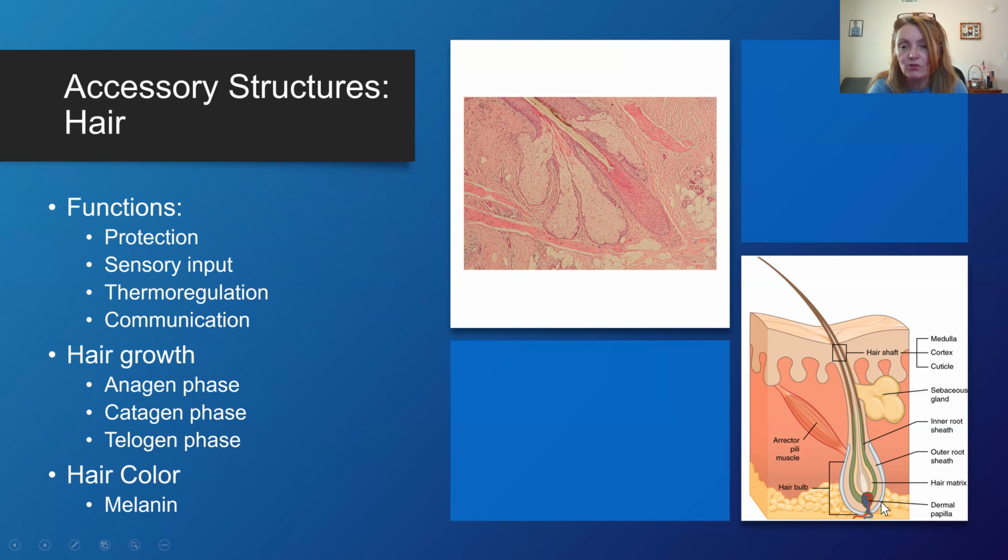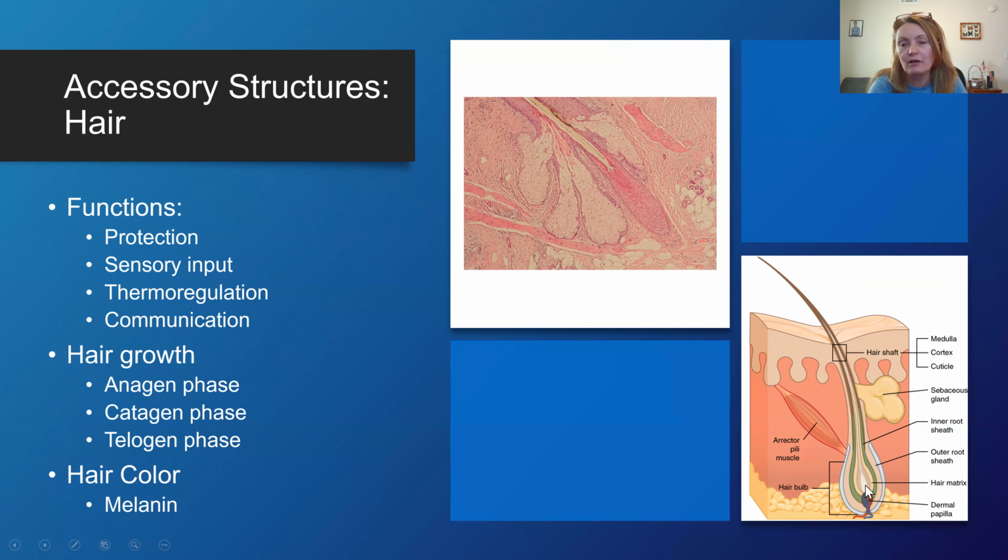What we have here is called dermal papilla. And dermal papilla is where you have blood supply, nerve supply, and this is where you bring nutrients to these cells that are also keratinocytes. Those keratinocytes will synthesize keratin, which is what your hair is made of, right?